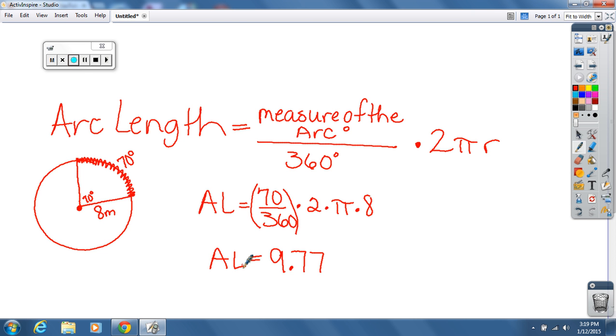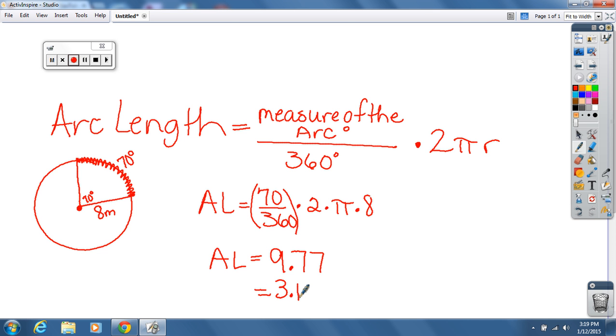Now, if I wanted an exact answer, I would put 70 over 360 in my calculator. Of course, I need to have it in parentheses. Times 2 times 8. I'm going to leave the pi off, and I end up with 3.6.